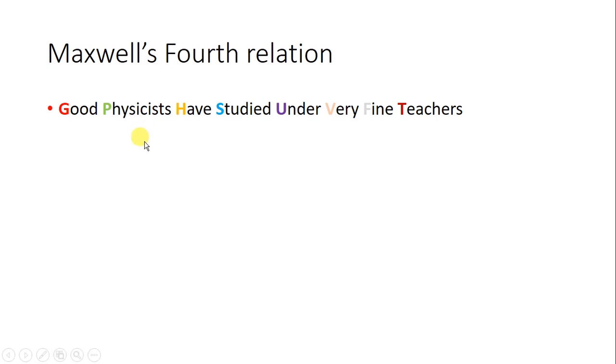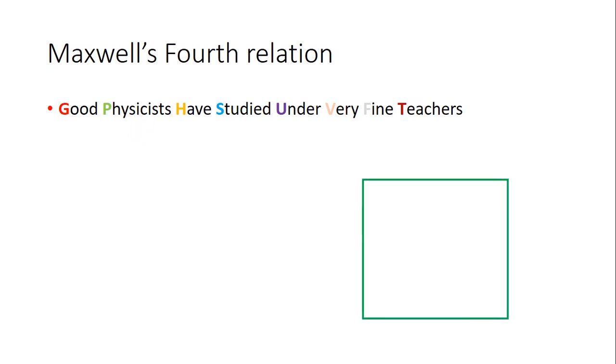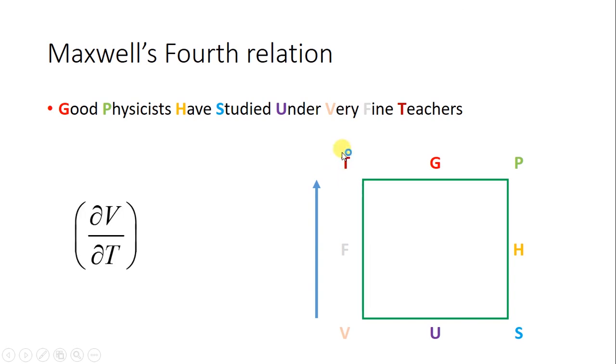Maxwell's fourth relation. Again we have drawn a square. Good physicists have studied under very fine teachers. For the fourth relation, draw an arrow in the upward direction. So what you can write? ∂V/∂T. Now since V is the arrow tail side, draw an arrow from V diagonally towards P. What is held constant?